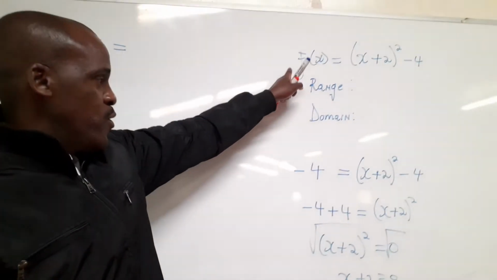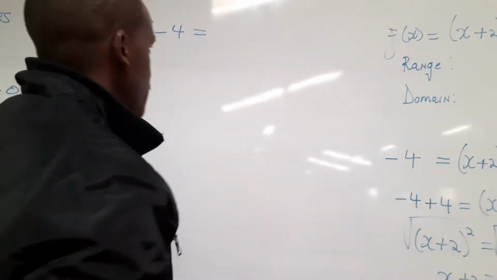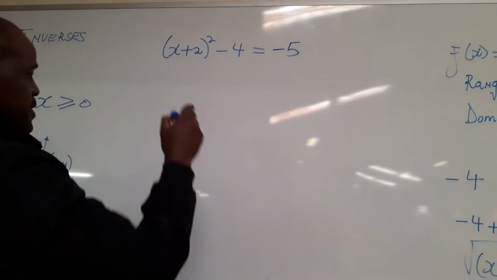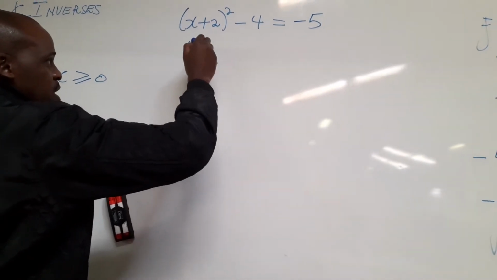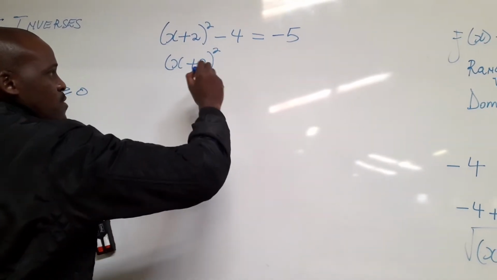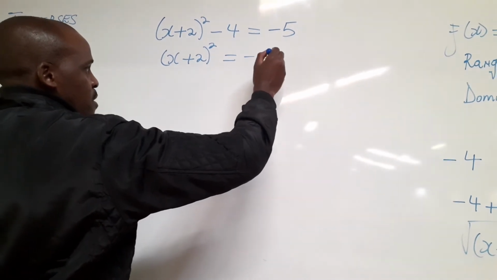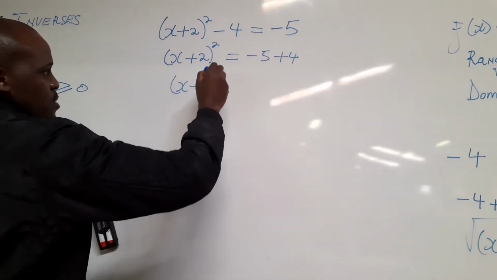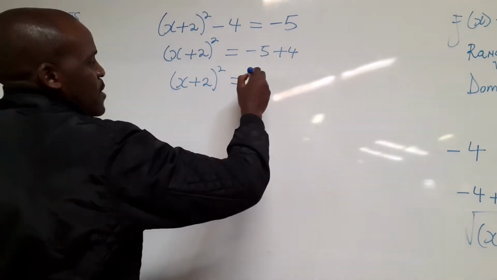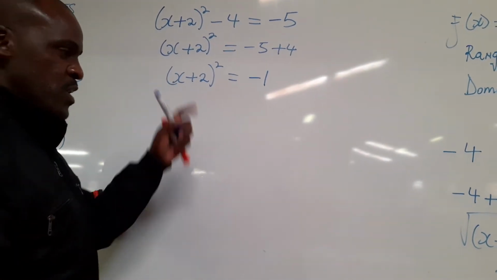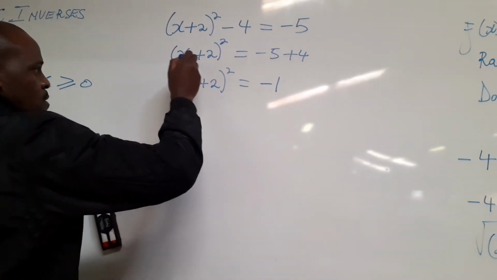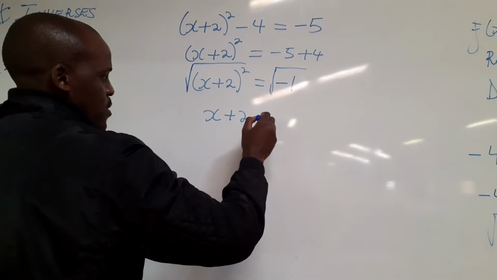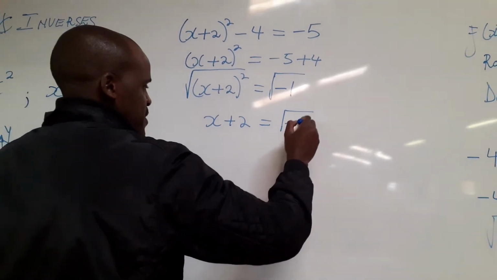We are to put the value that is less than negative 4, which is negative 5. We are to solve this equation. X plus 2 all squared is equal to negative 5 plus 4, which is negative 1. We want to solve for x. X plus 2 will be equal to the square root of negative 1.